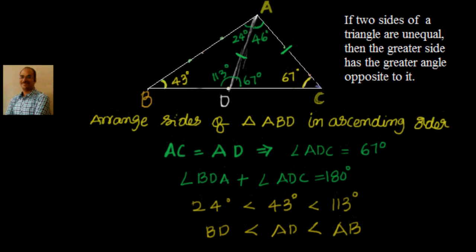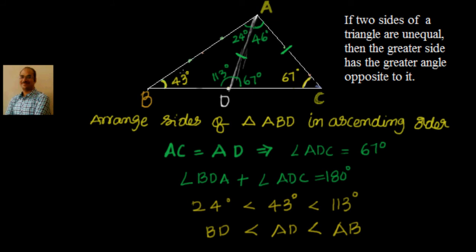What we have done is we have just leveraged whatever we have learned earlier: that the sum of the angles of a triangle is 180 degrees, that a linear pair of angles together is 180 degrees, and also that an exterior angle is equal to the sum of the remaining two interior angles. We have leveraged all of them together, and we have found the angles of the triangle for which we have to put the sides in ascending order.